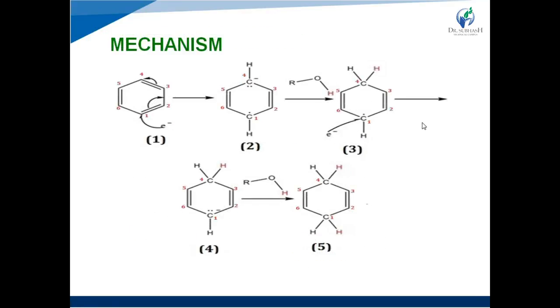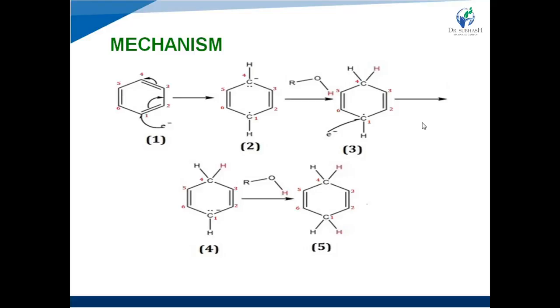Now the mechanism of action. See the first structure of benzene. It starts with the attack of an electron on the first carbon atom. Now where does this electron come from? This electron comes from the metal. For example, if sodium is used, then sodium gets oxidized and releases the electron.